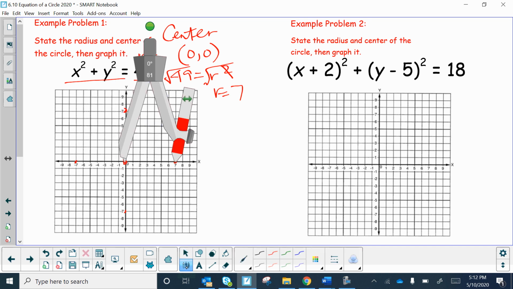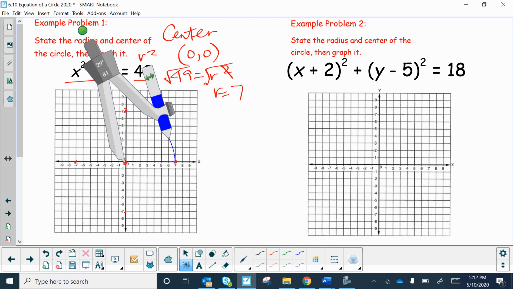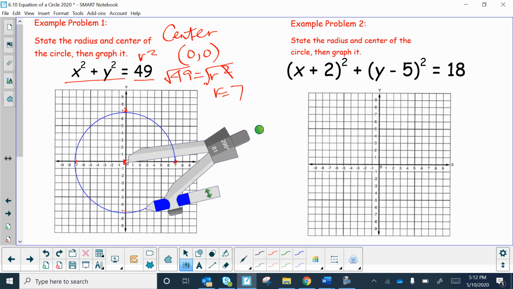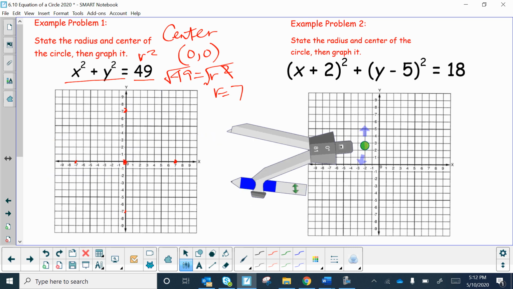Okay, so let's use a different color. Let's use blue. Okay. And sometimes it doesn't always go perfect on the smart board because it doesn't rotate correctly.